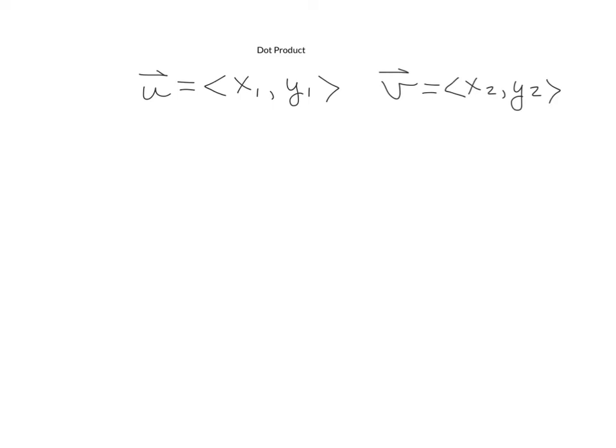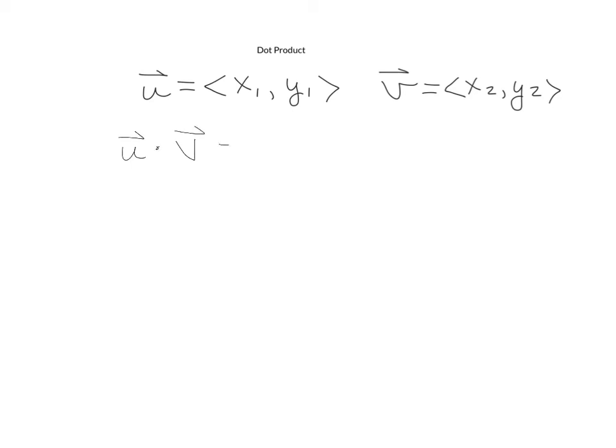So now the last operation on vectors that we'll look at is the dot product. And the dot product is really the most interesting one of all of these. It's one that is really not familiar at all. And the dot product of two vectors is written like this.